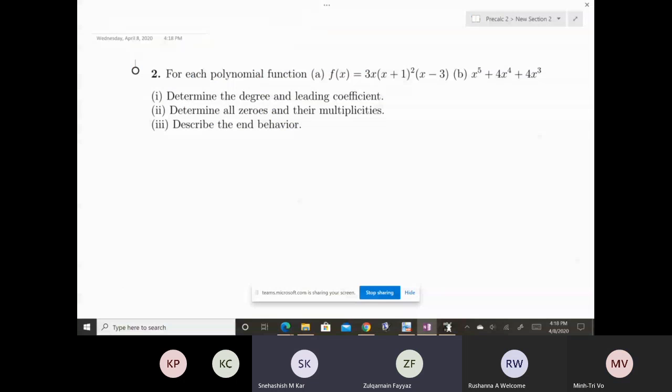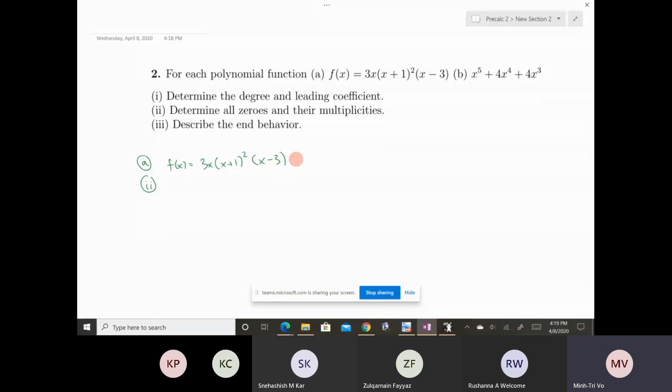So f of x is 3x times (x plus 1) squared times (x minus 3). Let's look at the zeros and multiplicities first.